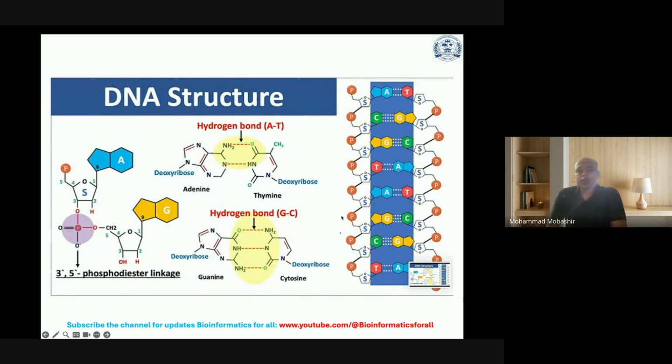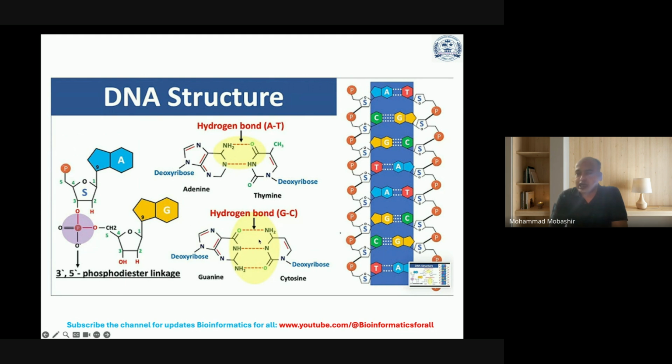Now, the DNA structure, as I mentioned, there will be binding possibilities between adenine and thymine between the two strands, not within the strands. And the bonds will be two hydrogen bonds in case of adenine and thymine, while in case of guanine and cytosine, there are three hydrogen bonds.